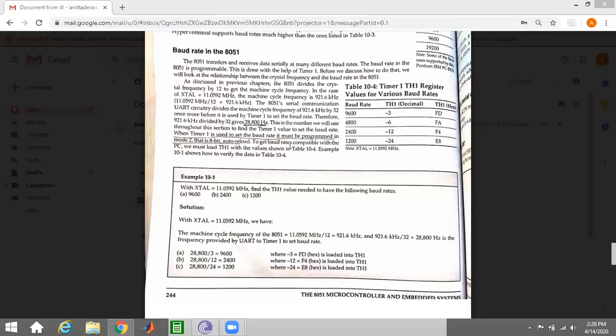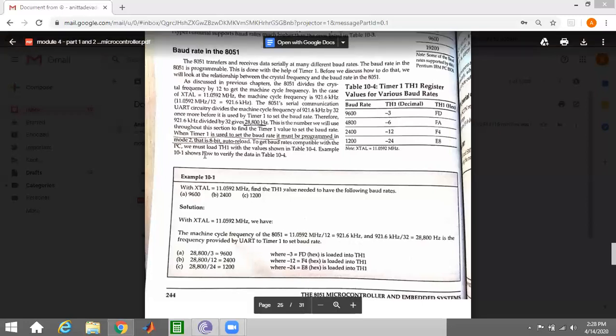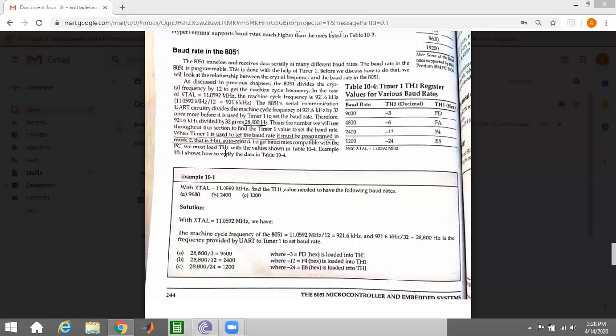To get baud rates compatible with the PC, only certain baud rates are accepted by the PC. That is given in the table here.